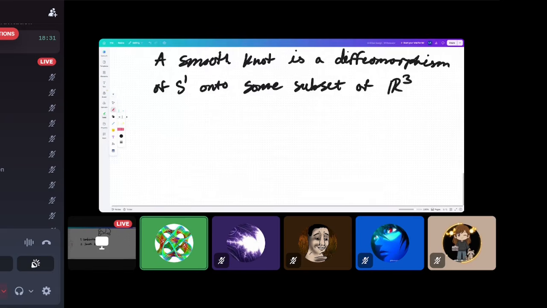So what is an equivalence of smooth knots? Well, it's basically the same thing.